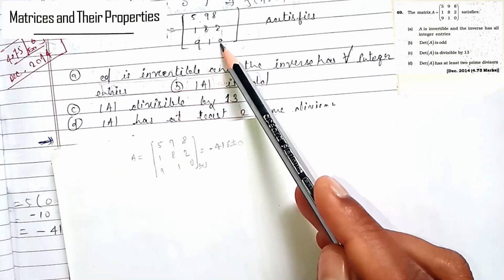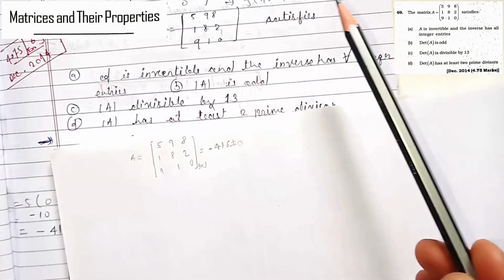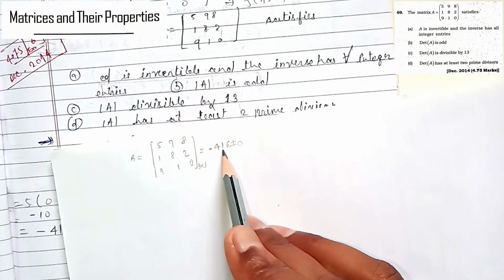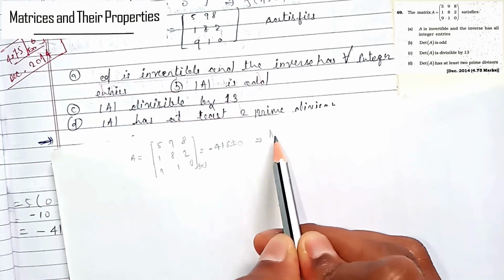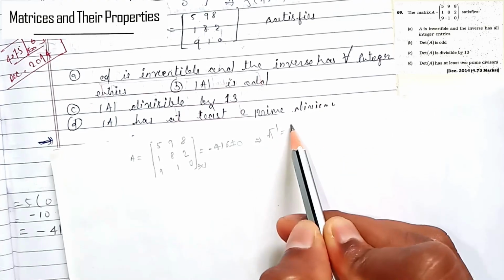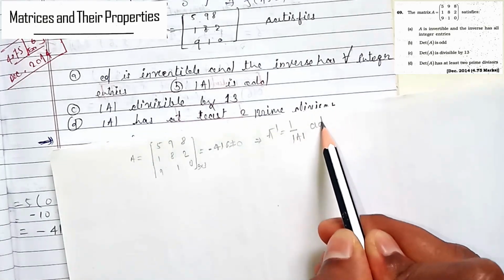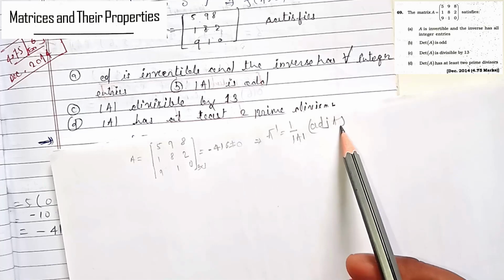As it is a 3 by 3 matrix, it will be a little time-consuming. We know the determinant is minus 416, so A inverse equals 1 upon determinant of A into adjoint of A.